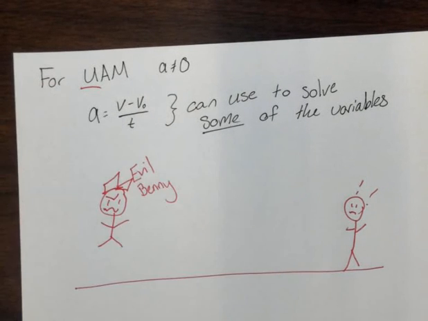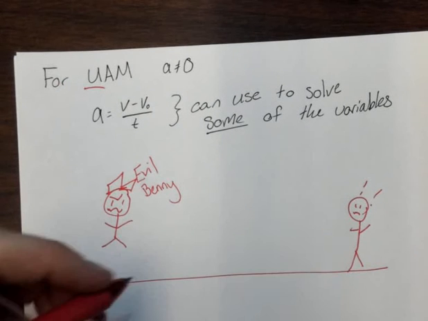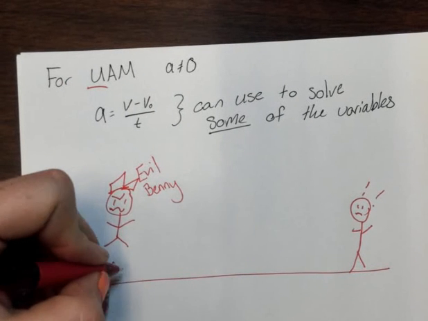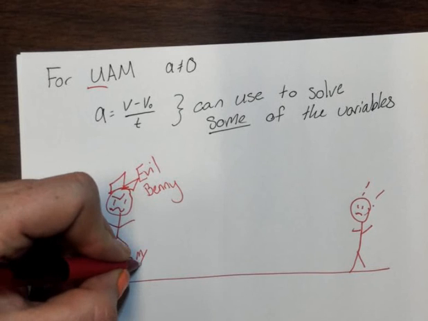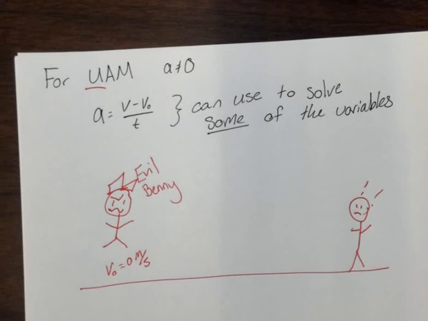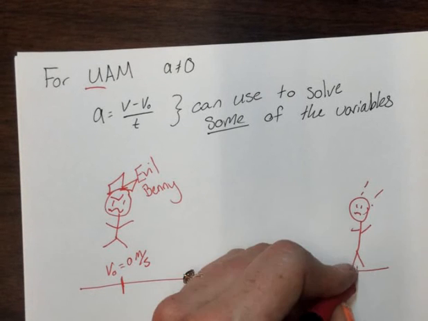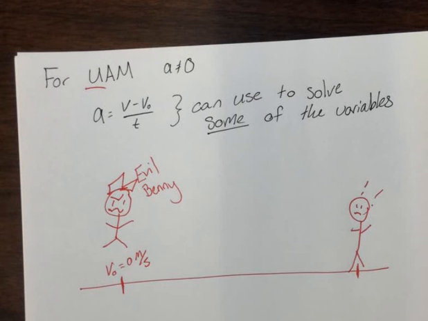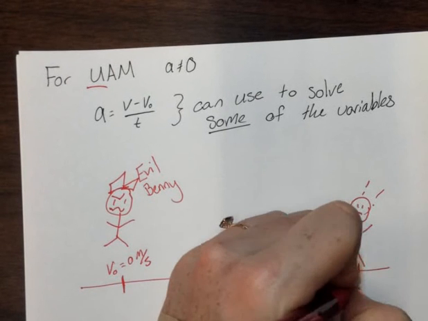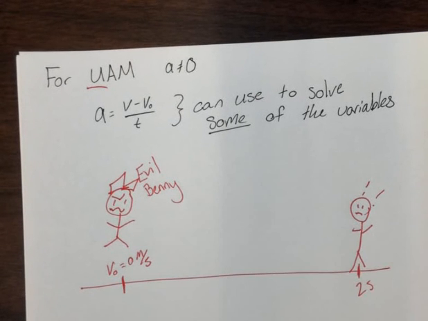Evil Benny started from rest, which means we give his initial velocity as 0 meters per second. And we will say that you are a total of 2 seconds away from Benny. It's going to take Benny 2 seconds to get to you.